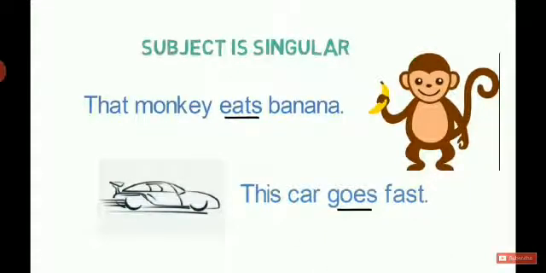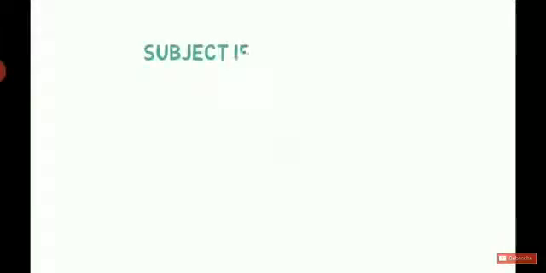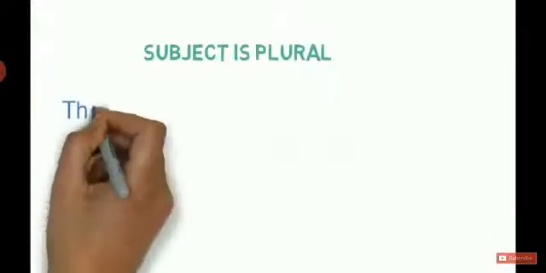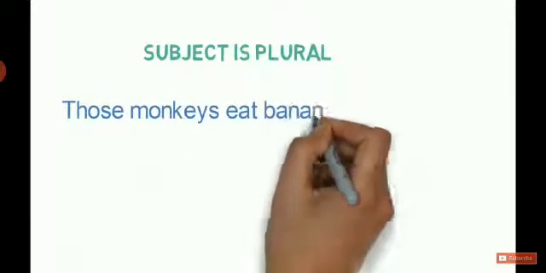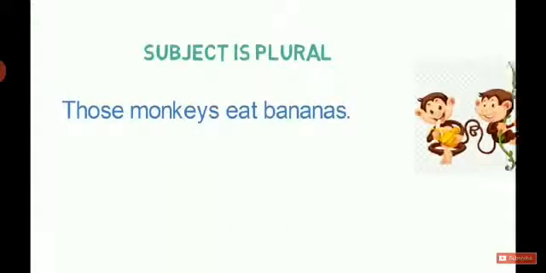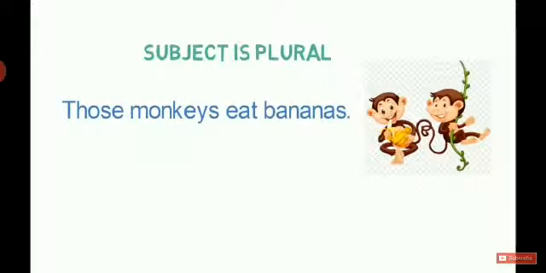Yes. Now let us see the same examples in plural. Those monkeys eat banana. So here the subject is monkeys. So the verb should also be in the plural form. So we used eat. Clear? Now one more example.